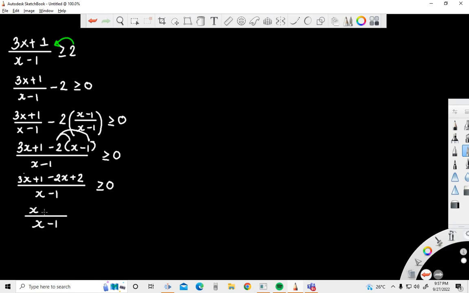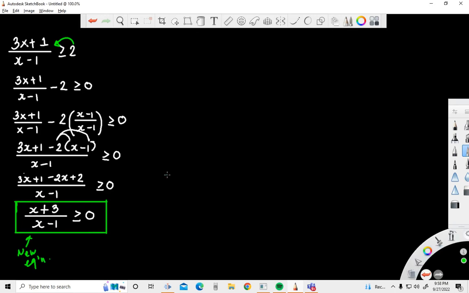Okay? Positive 1 plus 2, that is positive 3. And that is greater than or equal to 0. Then, we have a new equation in this particular problem. Okay? So, dito sa equation na to, mas simplified siya. So, this is gonna be our new equation.